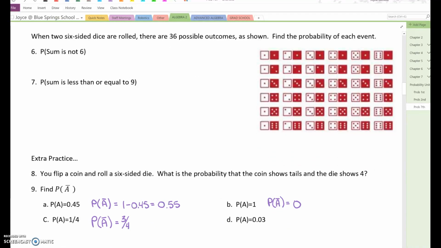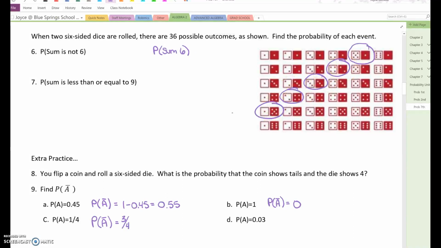All right, let's look at this dice problem. I roll 2 6-sided dice. There are 36 possible outcomes. That's shown in this little picture. The probability that the sum of our 2 dice is not 6. There's a lot of things here that have a sum of not 6. It's going to be easier to count how many have a sum that is 6. Here's 6. Here's 6.